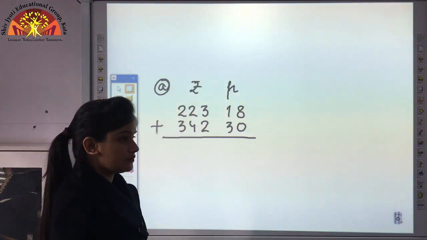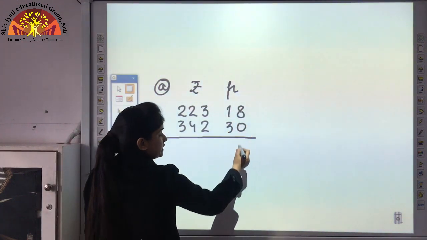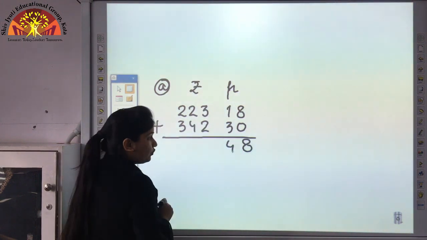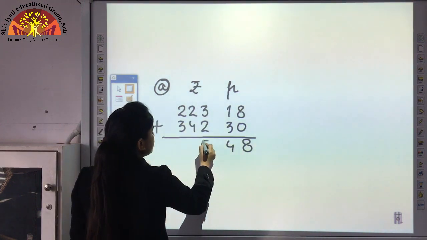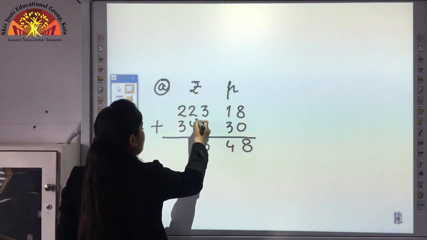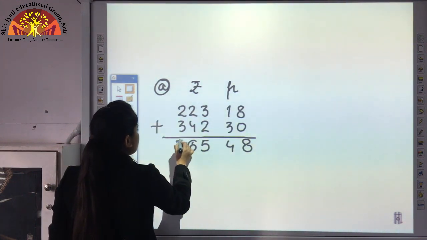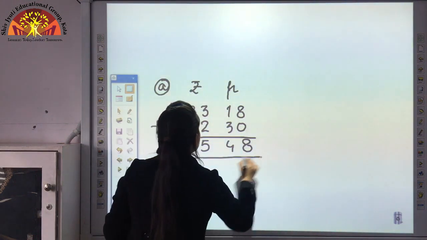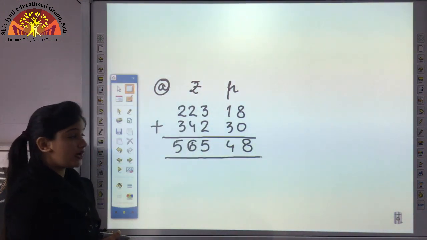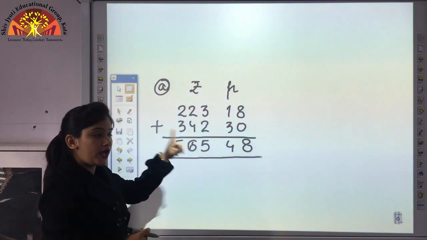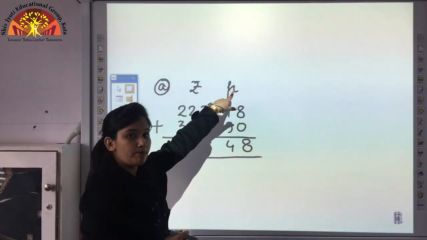So now students, 8 plus 0 is 8, 3 plus 1 is 4, and 3 plus 2 is 5. Now 4 plus 2 is 6, and 3 plus 2 is 5. So now students, what is the final answer? The final answer is rupees 565 and 48 paise.